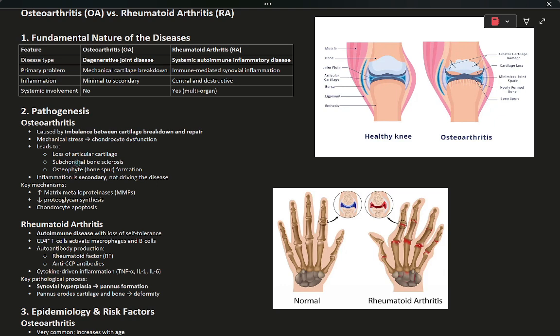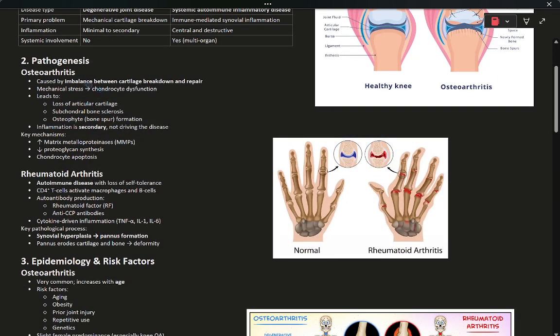It also leads to subchondral bone sclerosis and osteophyte formation. Osteophyte is basically a medical term for bone spur. So, the key behind osteoarthritis is chondrocyte dysfunction and the ultimate imbalance between cartilage breakdown and repair.